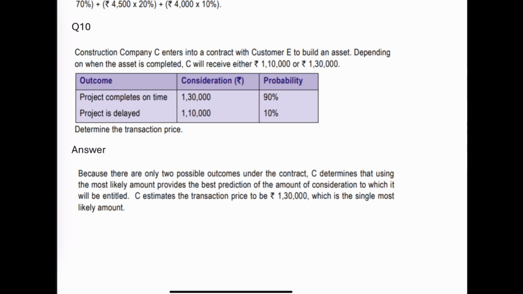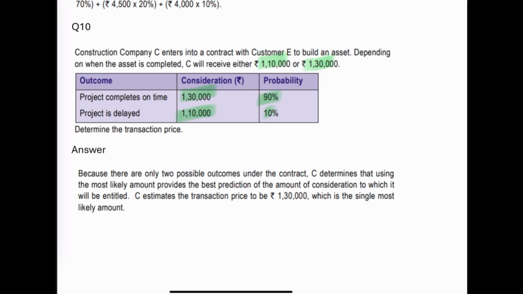Here, construction company C enters into a contract with customer E to build an asset. Depending on the asset, when it is completed, C will receive either 110,000 or 130,000. It is 130,000 if the project is completed on time, which has a 90% probability, and if the project is delayed, only 110,000, which has only a 10% probability.